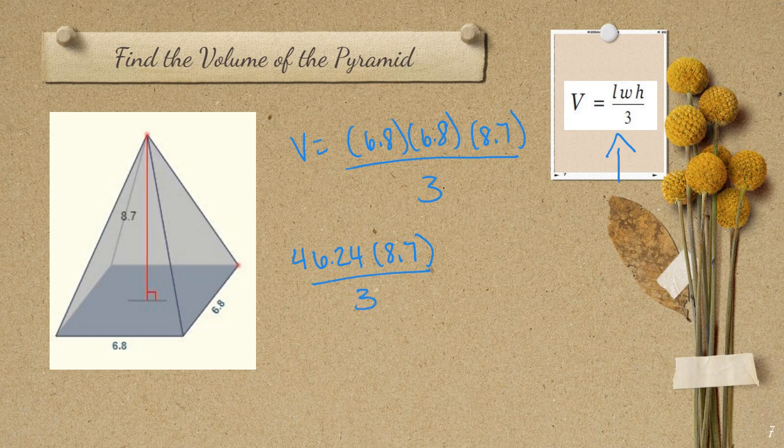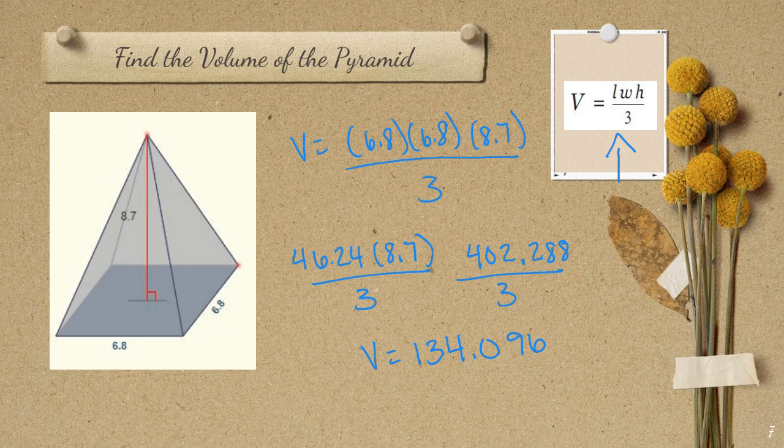So now do 46.24 times 8.7. When you do that, you should get 402.288. And now my last step is to divide by 3. When I divide by 3, my final answer is 134.096. Now, sometimes you can leave it like that.